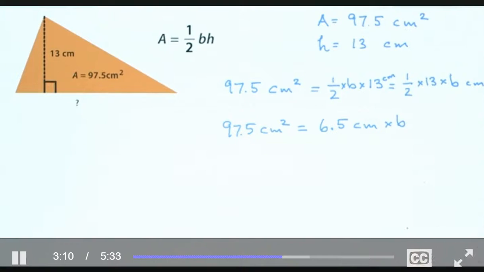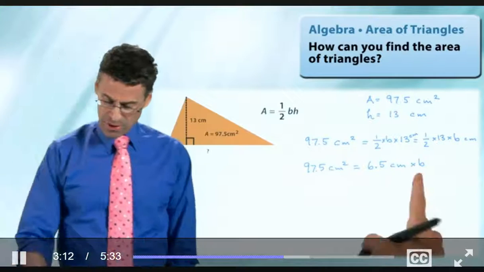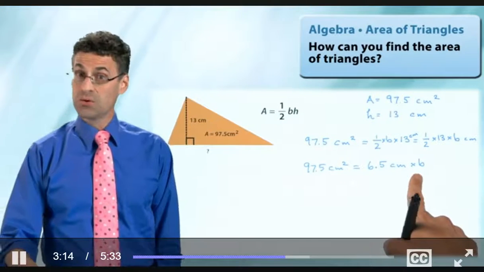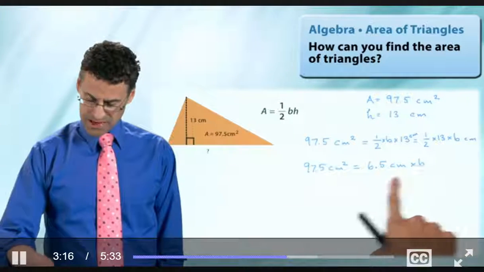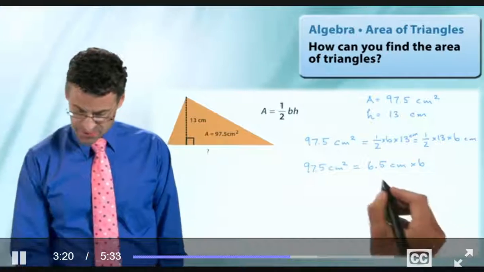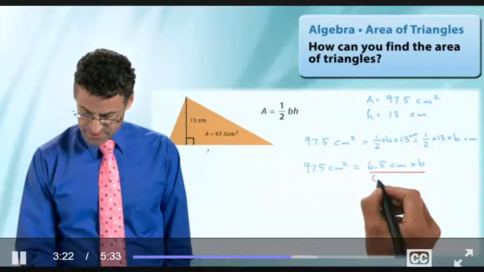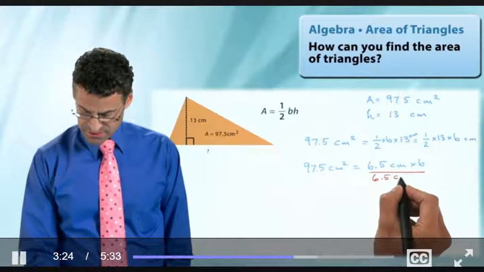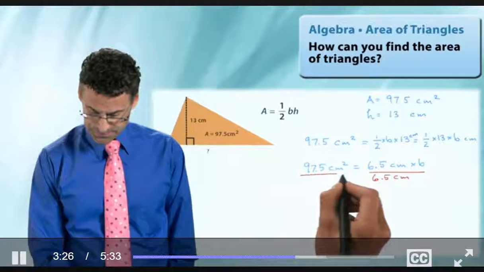times the base. Now, if I want just the base alone, just b alone, I want to undo the multiplication by the 6.5 centimeters. So what will I do? I'll just divide both sides by 6.5 centimeters, this side, and then I have to do the same thing here.